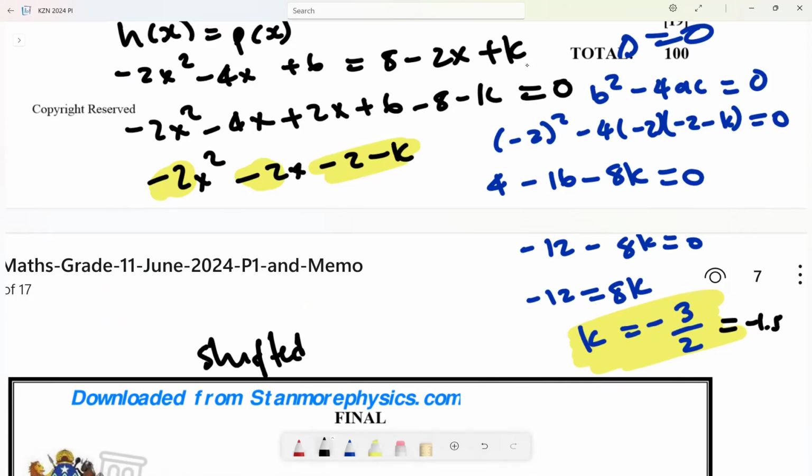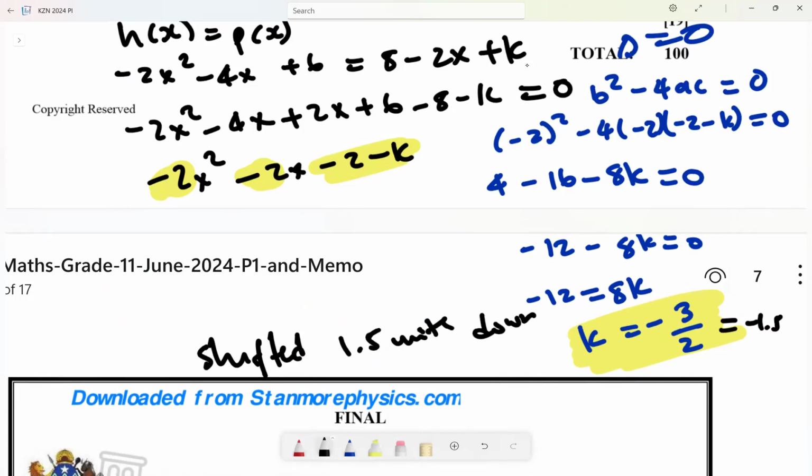You can say shifted negative 1.5, or 1.5 units down. Yes, so this is your final answer: shifted 1.5 units. Since it is negative, you can say down.